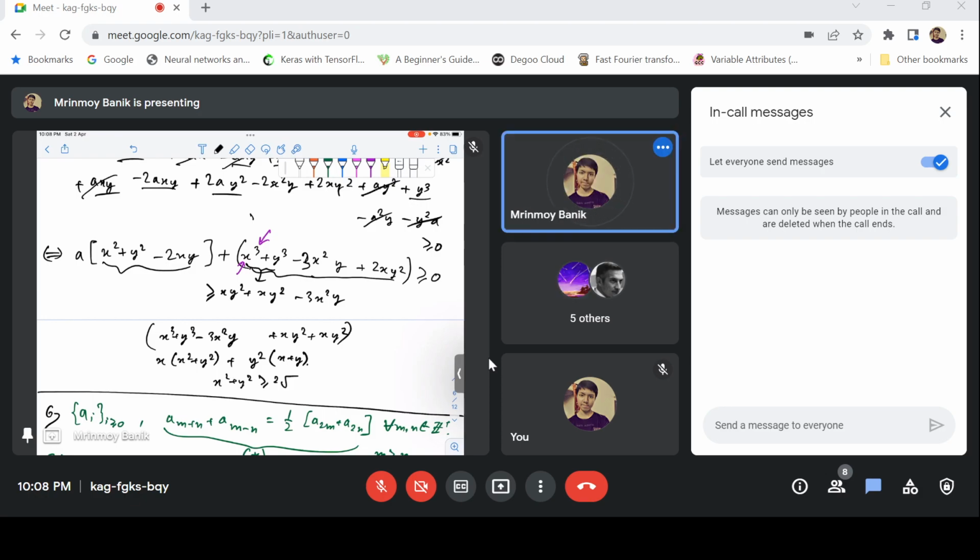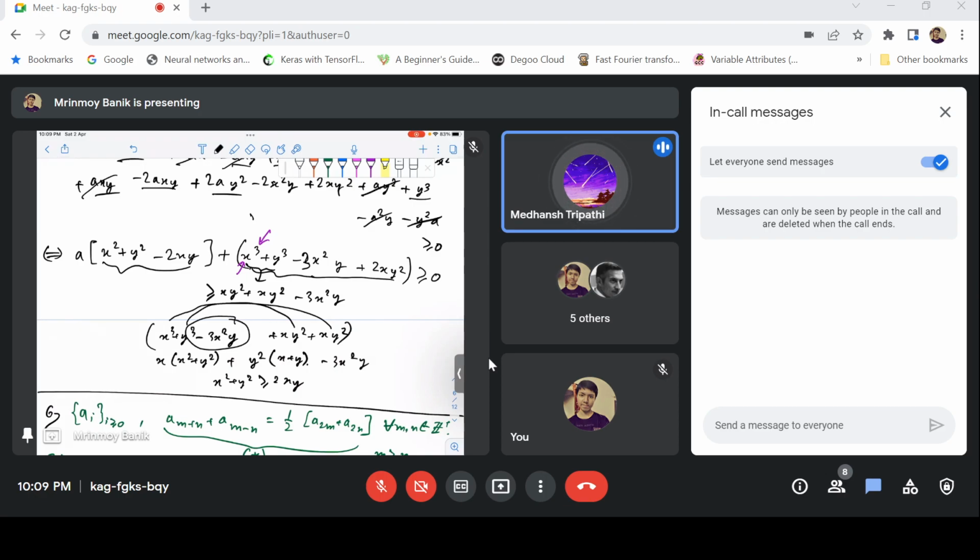Yeah. So the first one will be just 2x squared y, less than or equal to, and you paired up this and this, and this is left behind. Yeah, the 3x squared y is left.